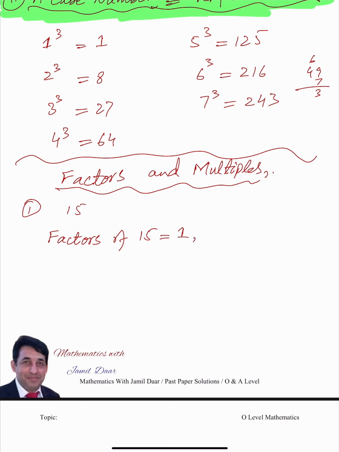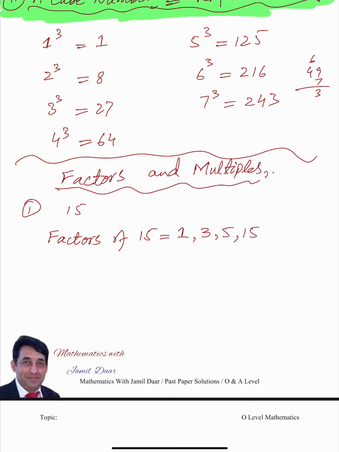Then 2 cannot divide. 15 is divisible by 3. 15 is not divisible by 4. Then 15 is divisible by 5. 15 is not divisible by 6, and so on, 7, 8, 9, 10, 11, 12, 13, 14, and the last, 15 is divisible by 15.